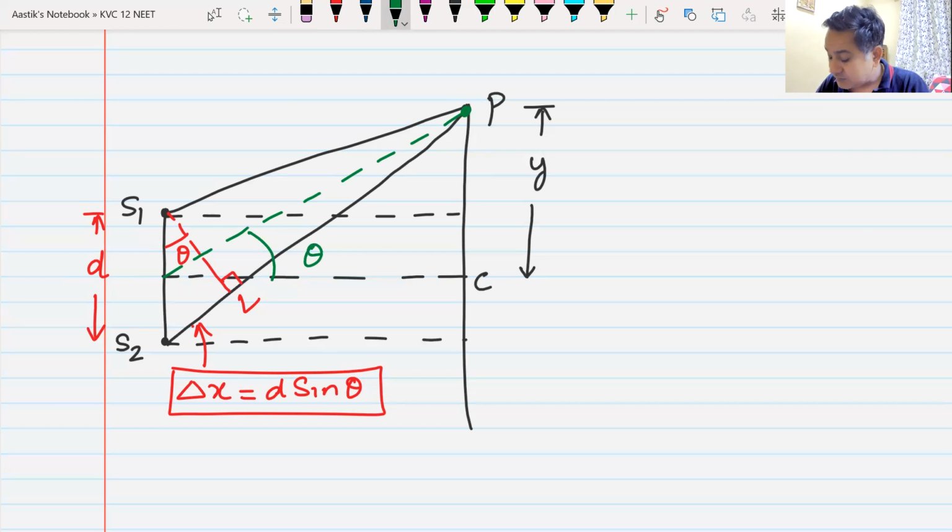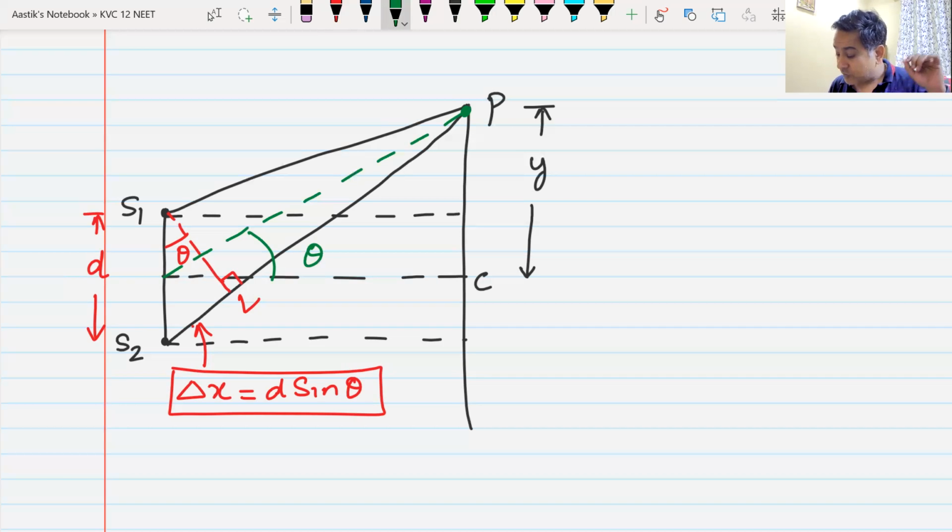Both angles, this green angle theta and red angle theta, are actually not equal, but because the distance is very large, we can take them as equal. Do we understand this? Yes, sir. The red theta and green theta are not equal, but because the distance is large, we can approximately take them as equal.